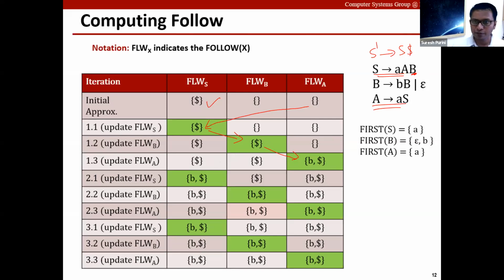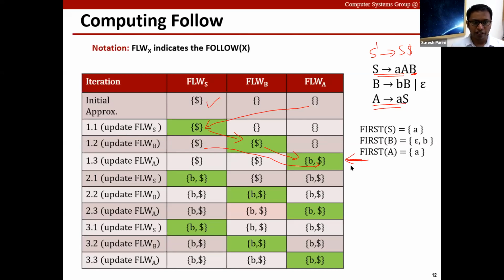And if epsilon is present in first of B, then whatever is present in follow of S is also present in follow of A. So we use this dollar to update here. Like this, at the end of iteration 1.3, this is the estimate that we have.